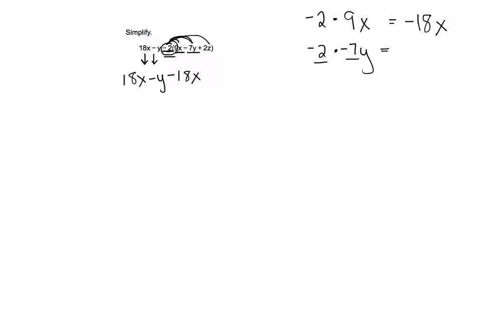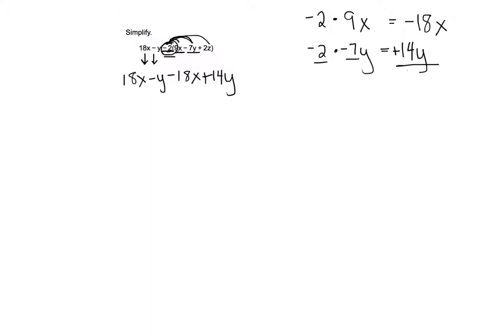So -2 times -7 is a positive 14, and then we have the y here. So since this is a positive number, I'll include a plus sign next to it. So when I add it in my expression, I'll just do a plus sign, and then I'll put the 14y here.